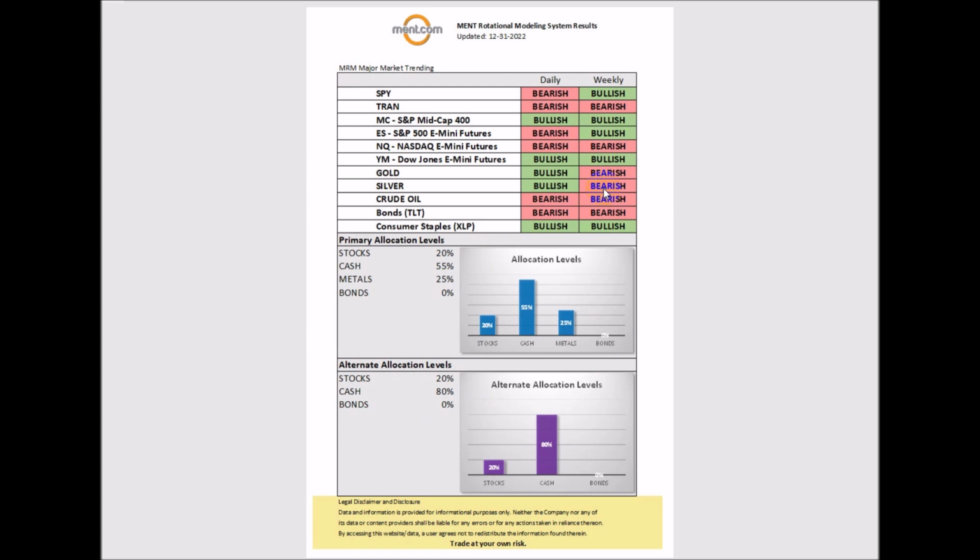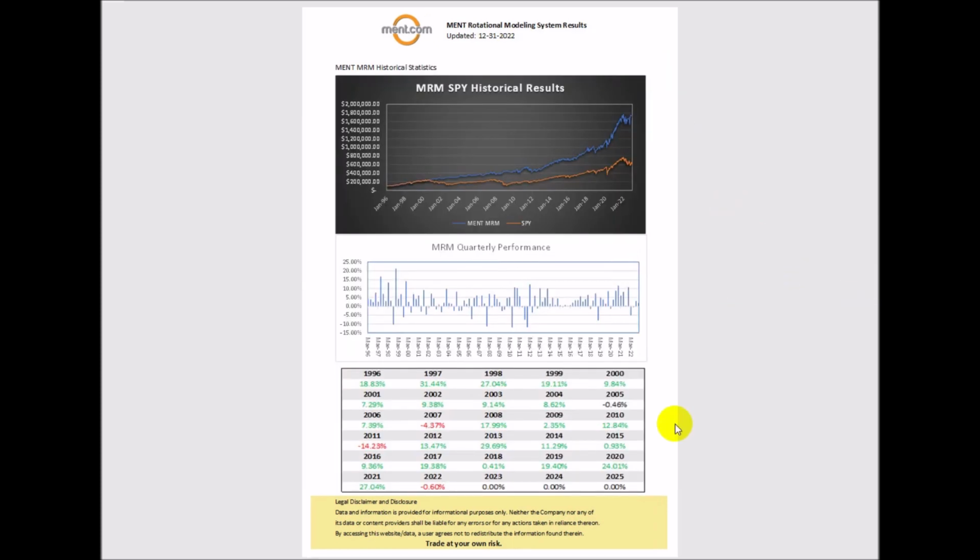Now, granted, we've had some fluctuation, but the reality is the MENT Rotational Modeling System has performed very, very well. It's not positive this year. At the end of the year, I was hoping it would turn positive, but this is a very flat year. We've made a little money in some of our positioning into stocks and swing trades, and particularly metals recently.